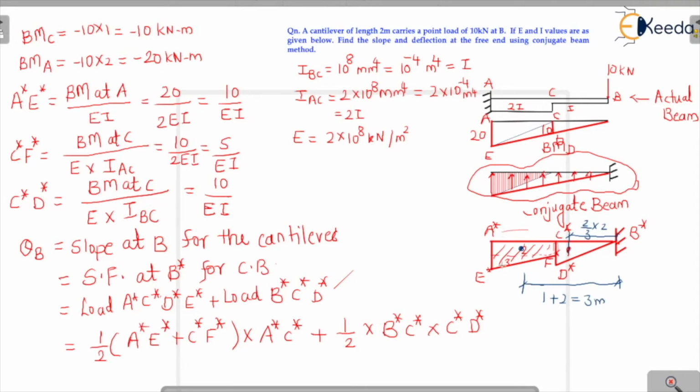And for this triangle, the CG will be somewhere here: 2/3 of this particular span, that is 2 meter plus the remaining length of 2 meter. This will be the third CG distance. So area and corresponding CG distance will give us our bending moment.